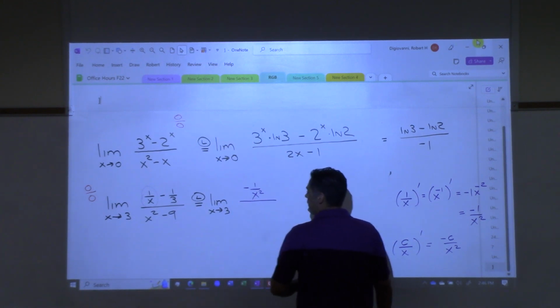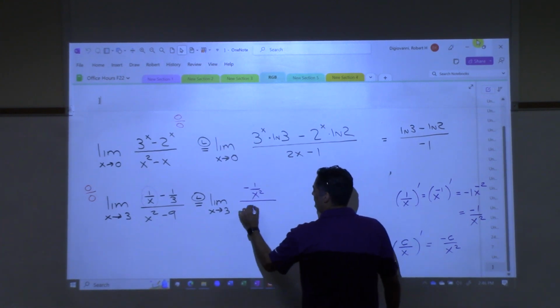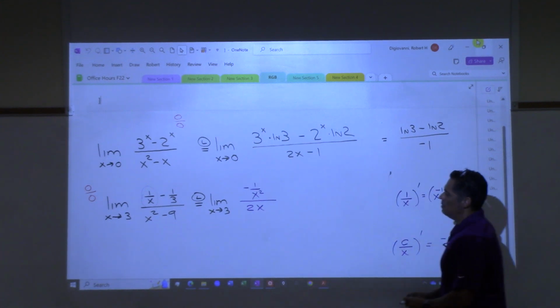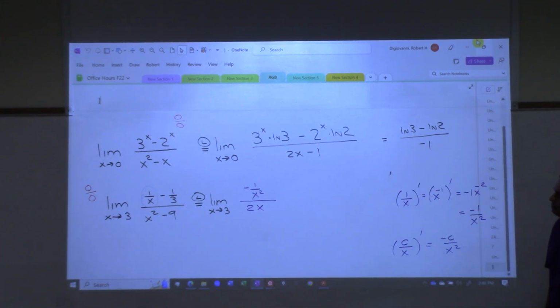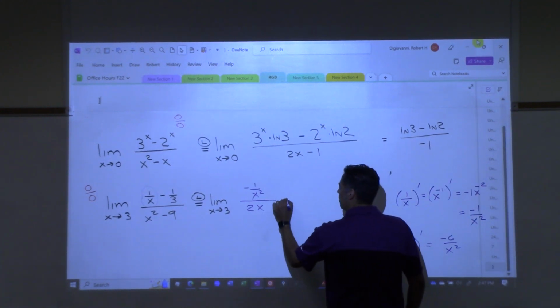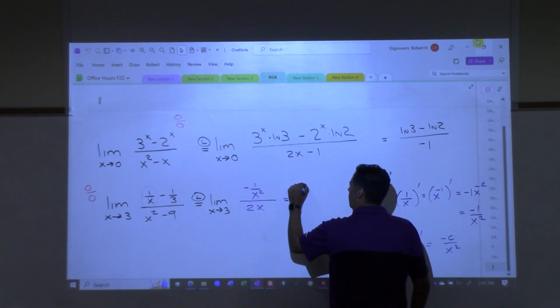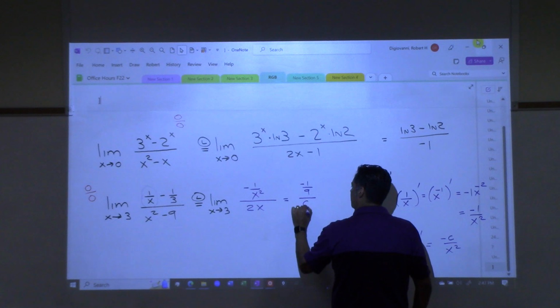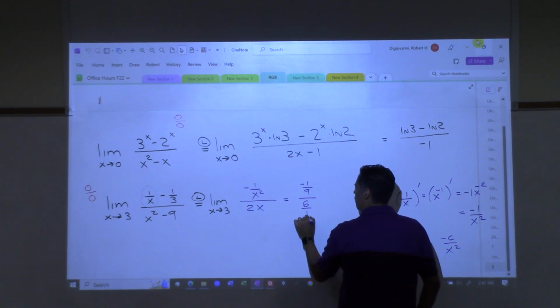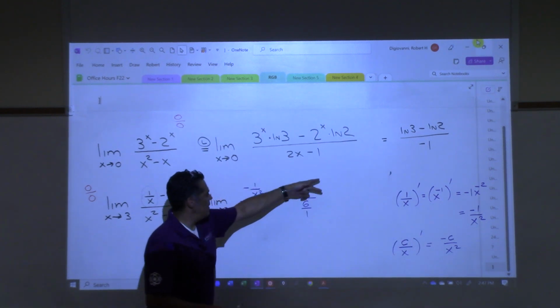Over, what's the derivative of the bottom? 2x. I don't think we have a problem anymore, do we? Because that's just negative 1 over 3 squared, 9, and then over 2 times 3, which is 6. Look at that as 6 over 1, and then flip it up.